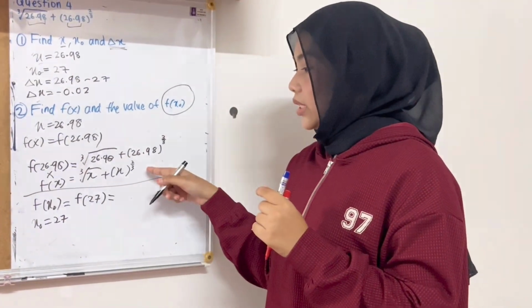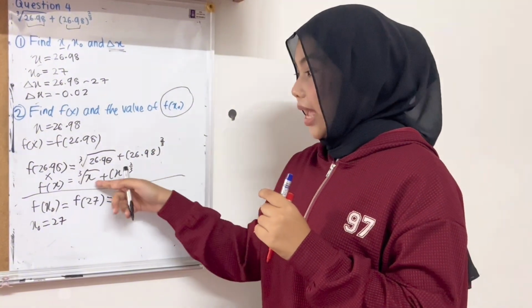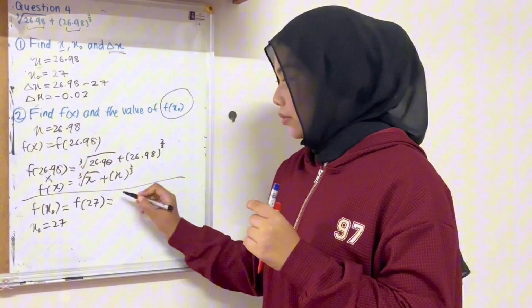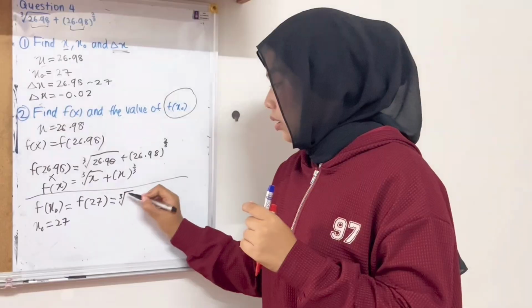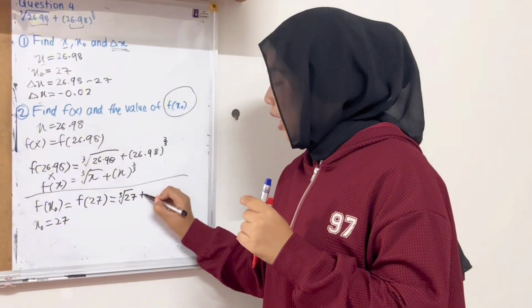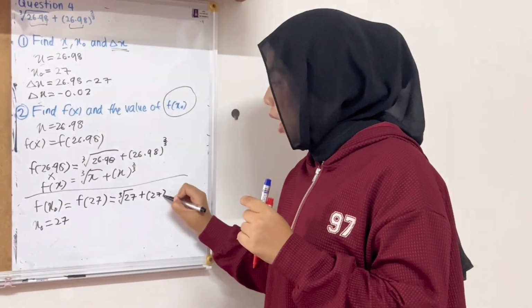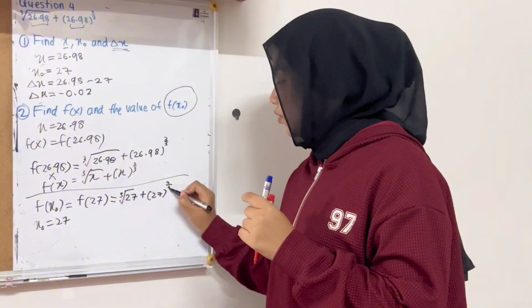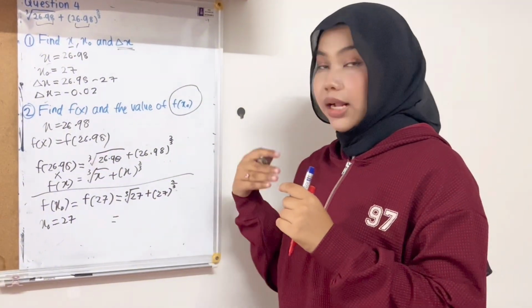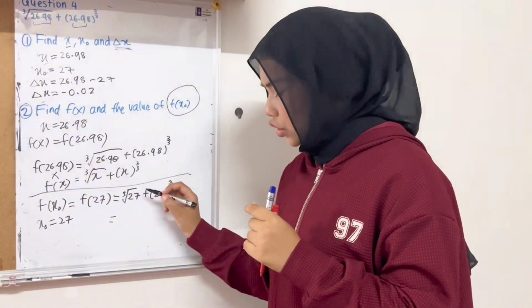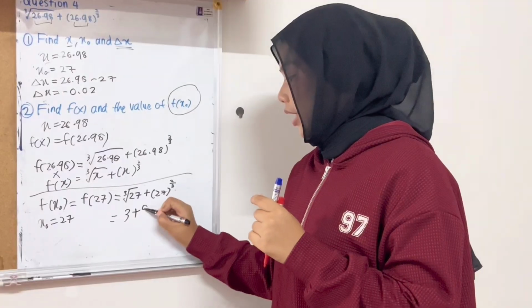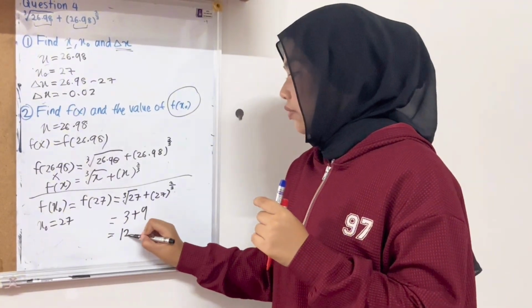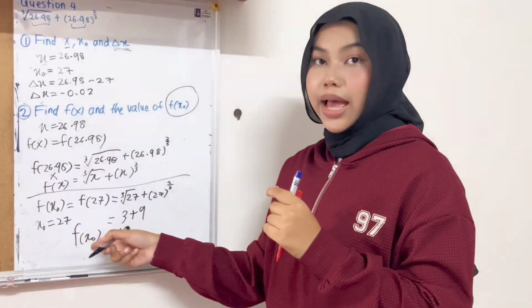So we just replace x with 27, like this: 27 plus 27 to the power of 2 over 3. And I calculated already, I got 3 plus 9. So I got 12 for f(x naught).